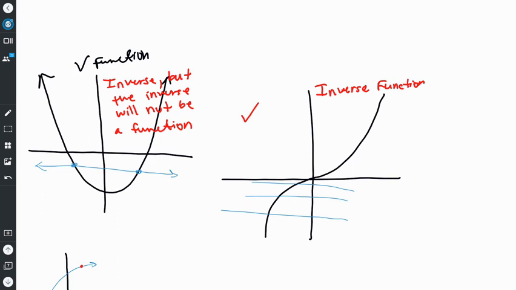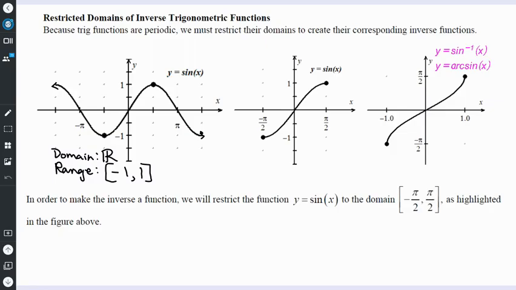So now let me ask you guys this. Does sine have an inverse function? Why not? It doesn't pass a horizontal line test. Do you guys see how this inverse right here doesn't pass a horizontal line test? So in order for sine to have an inverse function, we have to restrict the domain.